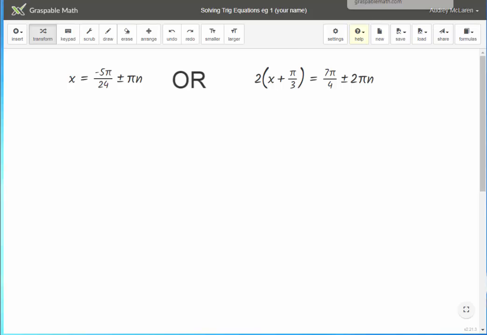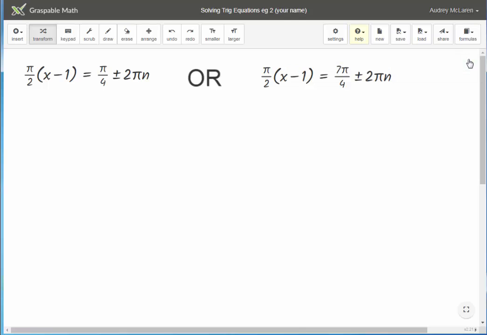There's another Graspable that involves the same steps. It's just that your b here is a fraction, pi over 2. So when you go to divide both sides by it, you'll notice that it is automatically doing it by multiplying by the reciprocal, 2 over pi.